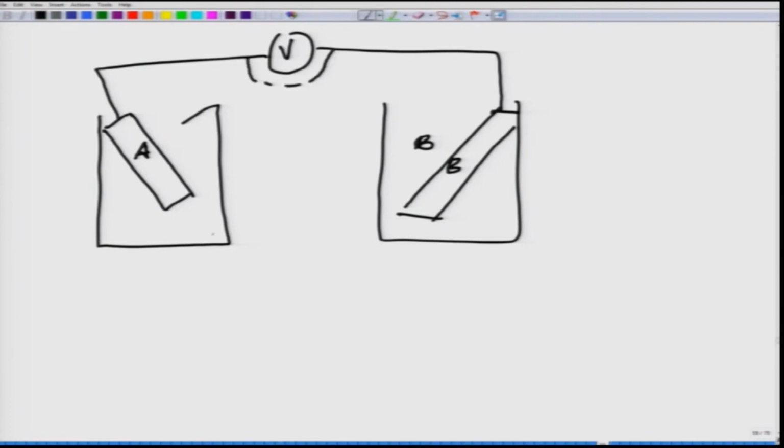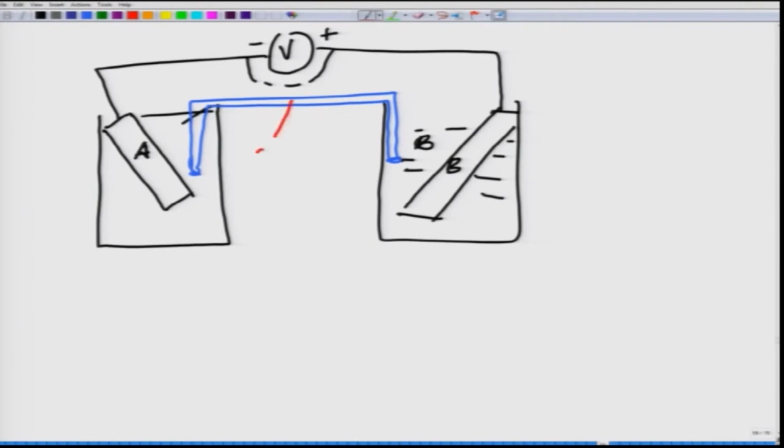This is a negative terminal, this is a positive terminal. And here you have a salt bridge connecting them. This is how, as of now, we have talked about it. We have talked about silver, cadmium electrode, and so on.